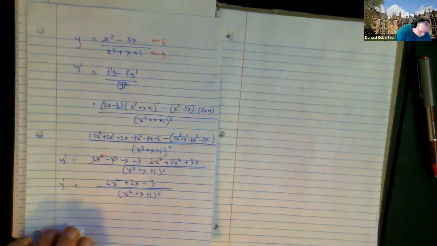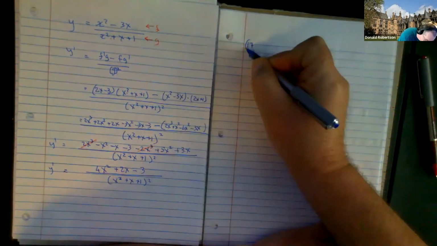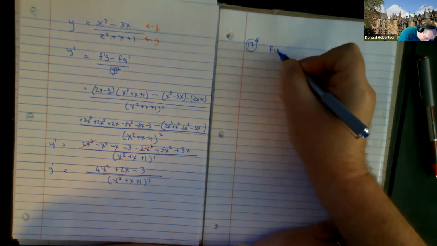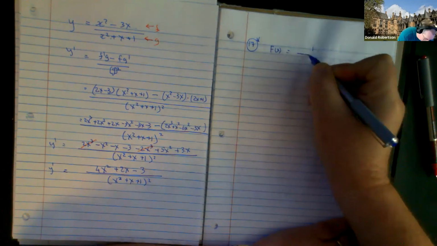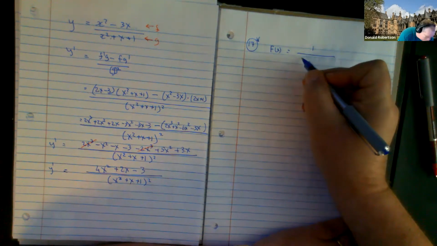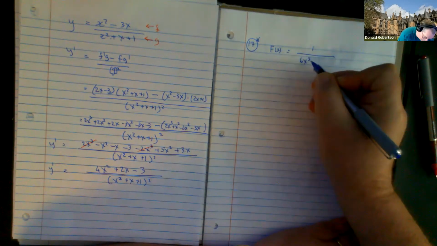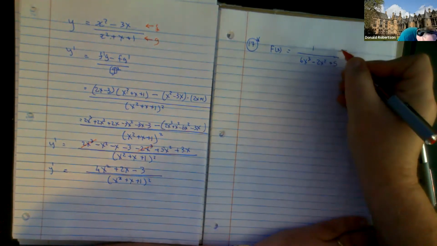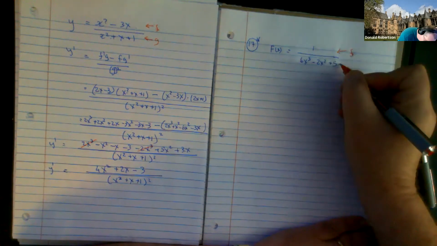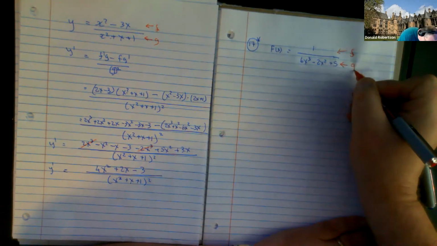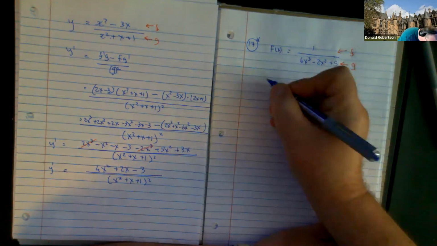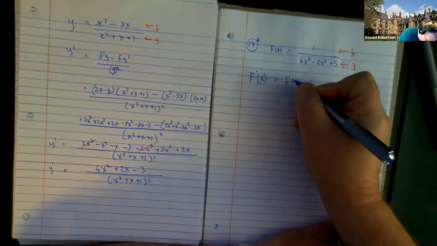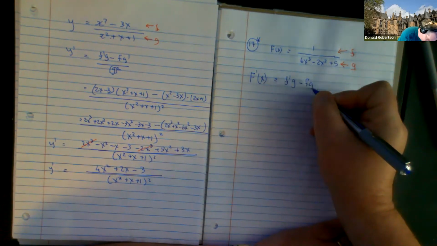Let's do a fraction function, but a little bit different. There's going to be a 1 on the top line. So the top function is going to be f, and the bottom function is going to be g. And the derivative is going to be f dash g, take away f of g dashed, over g squared.